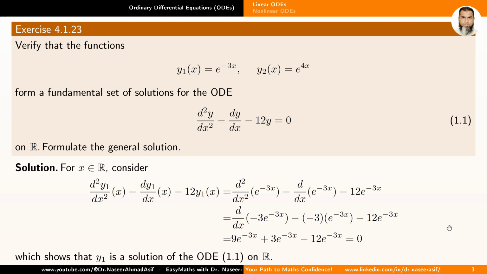So this shows that y1 is a solution of the ODE 1.1 on R.